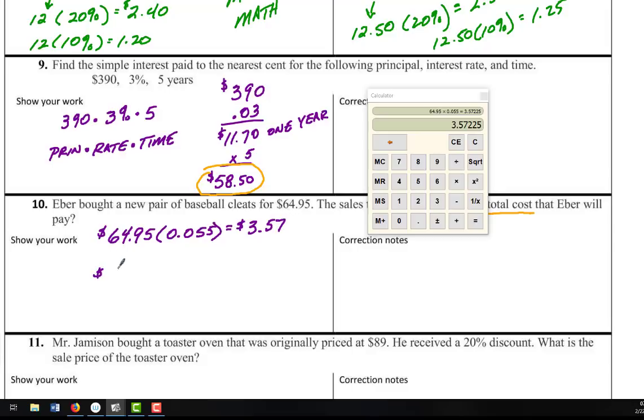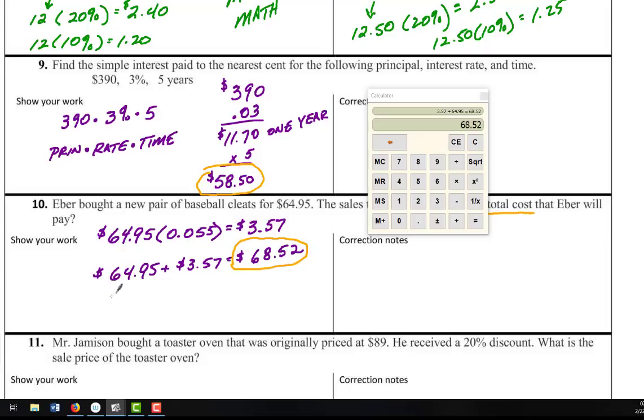And then we would add the $64.95 and $3.57. The $3.57 plus the original $64.95, and we would get a total of $68.52. Total cost right there.